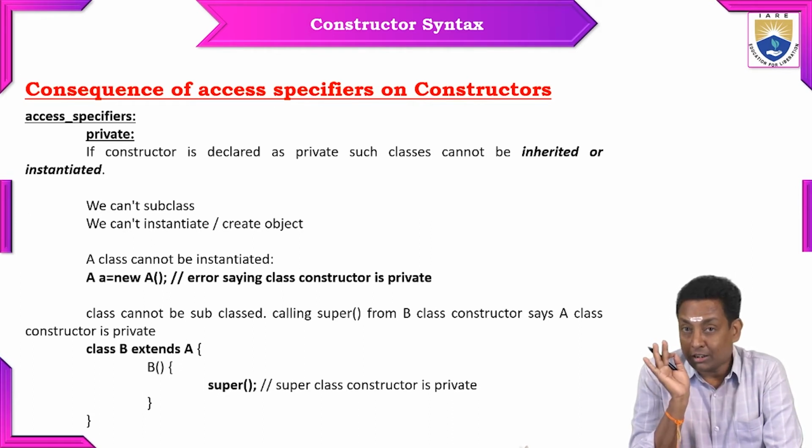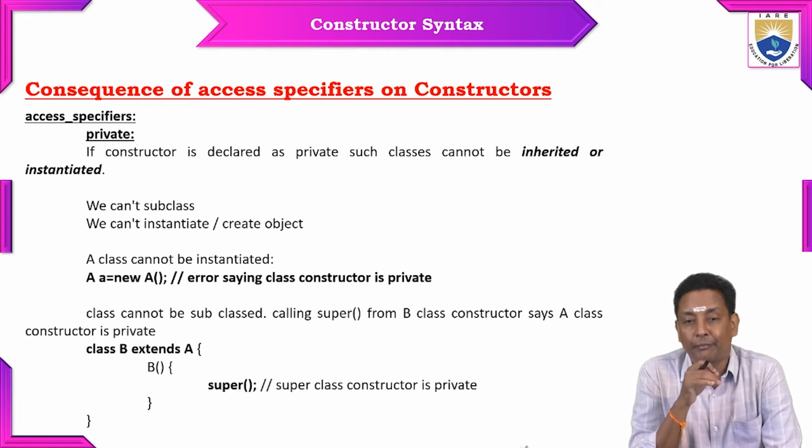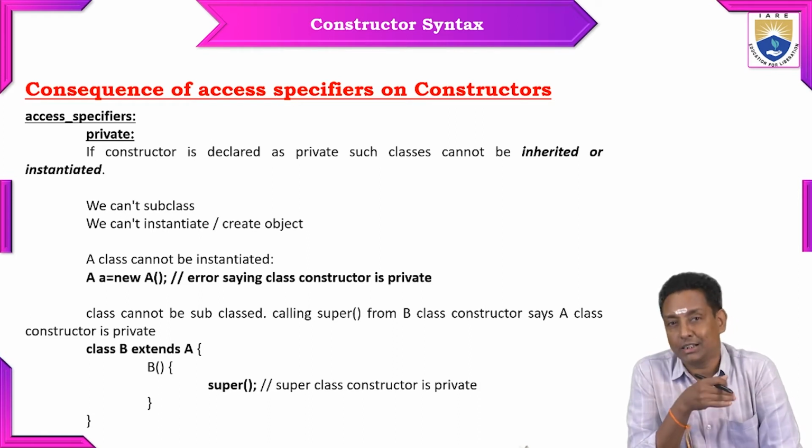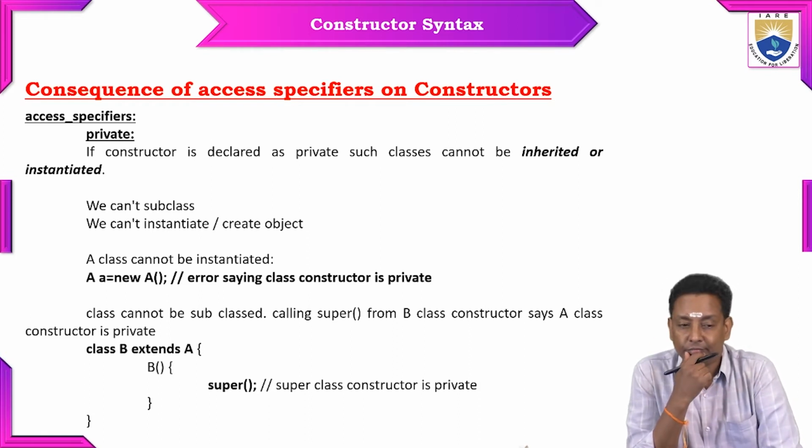If you write a private constructor in the class, remember, in the JDK, the Java software, you'll find a jar file named rt.jar. If you open that rt.jar, you'll find around 17,000-odd classes in that file.